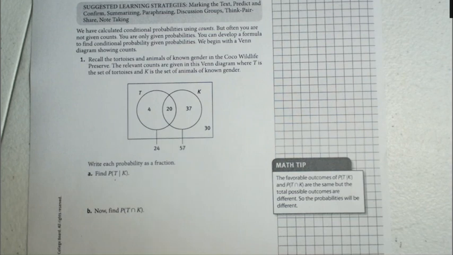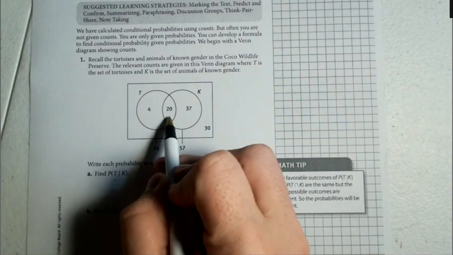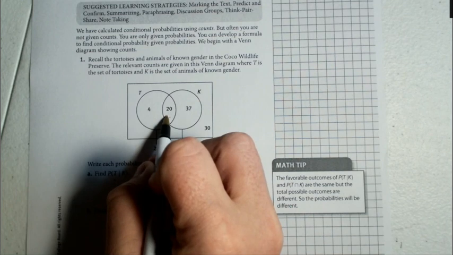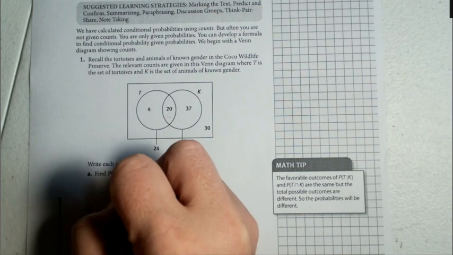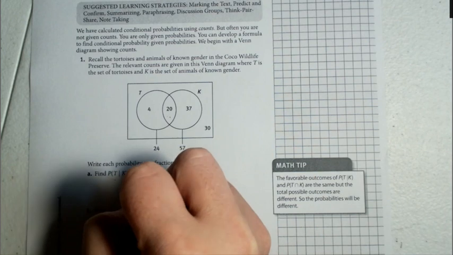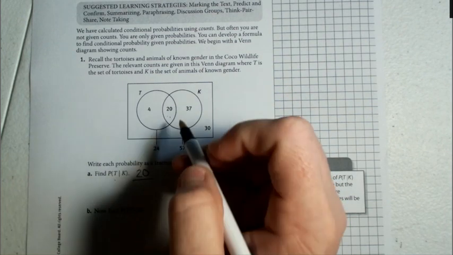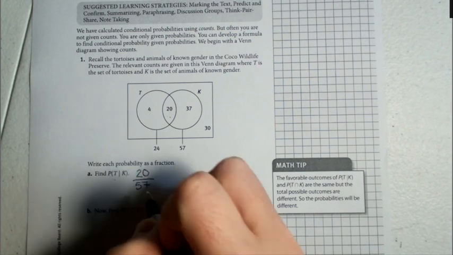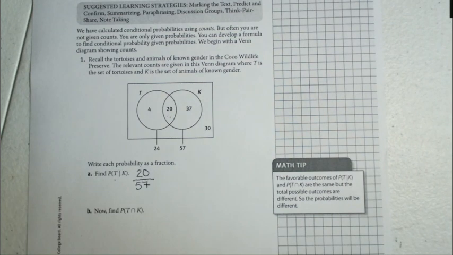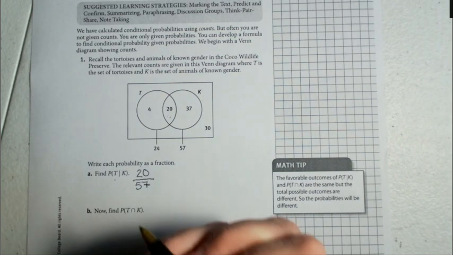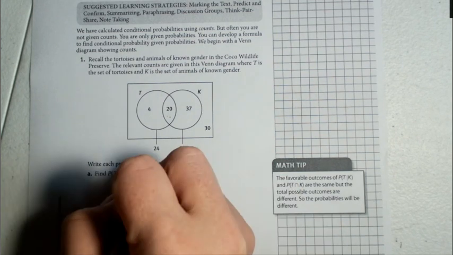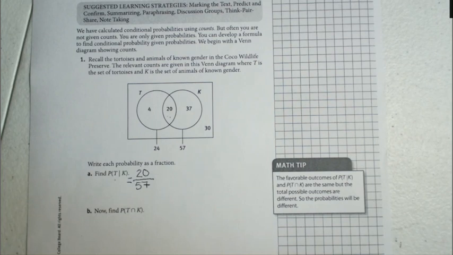If you recall from the previous lesson, we know that there are 20 tortoises where we know their gender out of 57 total tortoises. So, probability of T given K is 20 over 57.